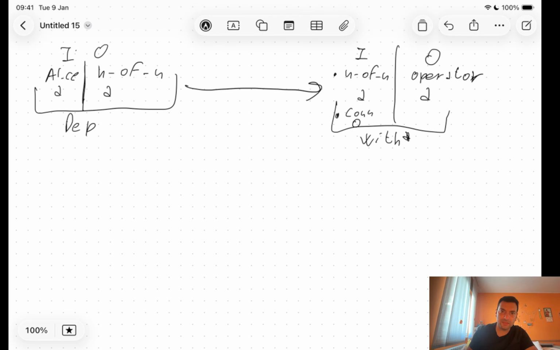Now, where does the connector come from? Well, there is an assert transaction. This transaction has one input and one output. The output is the connector itself, and the input is the data of the proof.